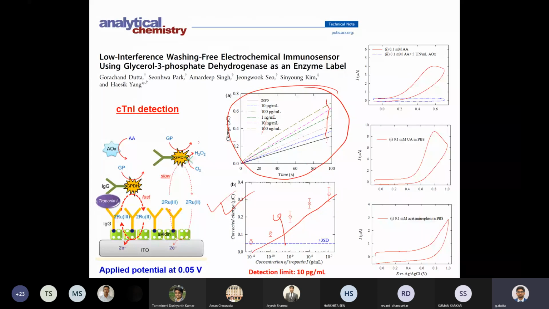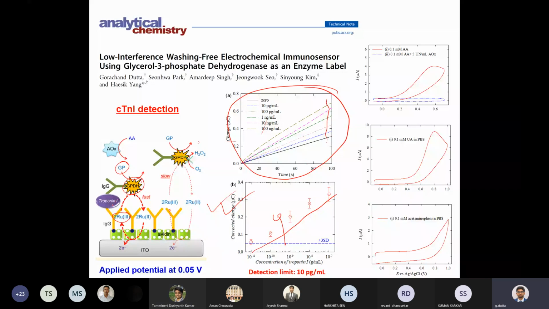GP means some substrate, GPDH means some label, ruthenium means ruthenium hexamine, your mediator, right? If you have target, then it is the signal. Yes, sir, ruthenium, that is signal. And if you don't have target, then it is background.